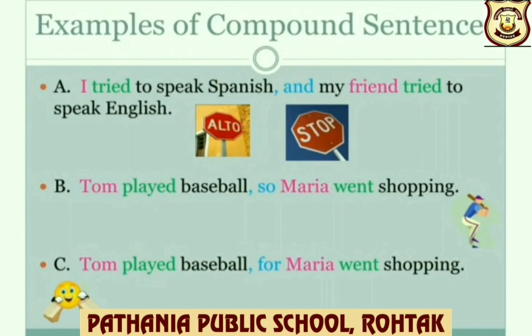Both of these clauses are complete in their sense, so they are called independent clauses. You can see both clauses have subjects and verbs, and they are joined using a coordinating conjunction, that is here, and.